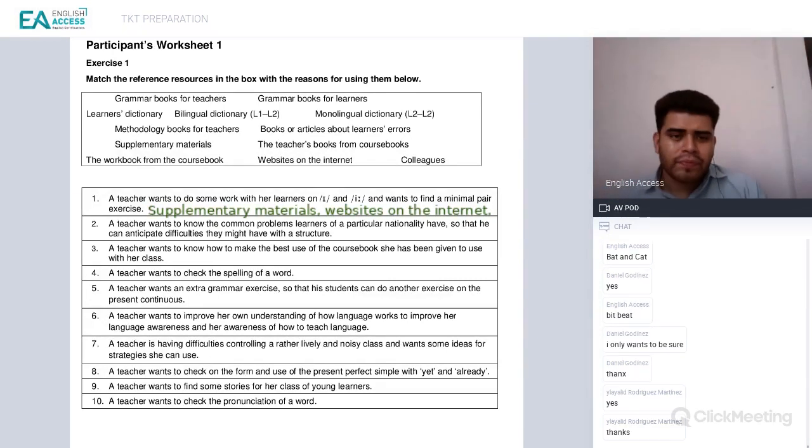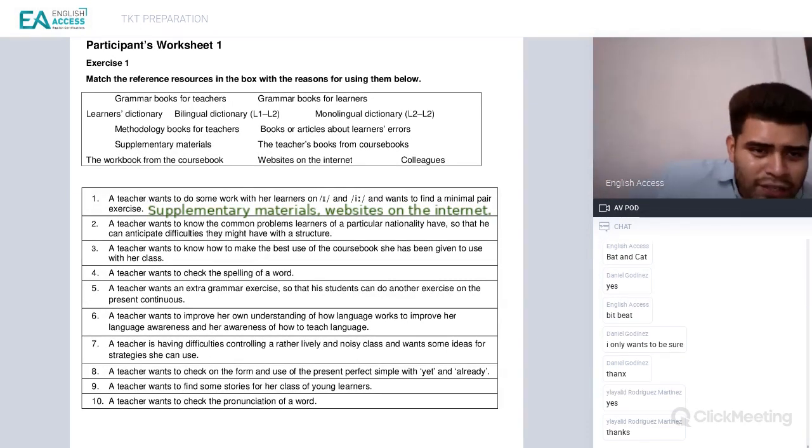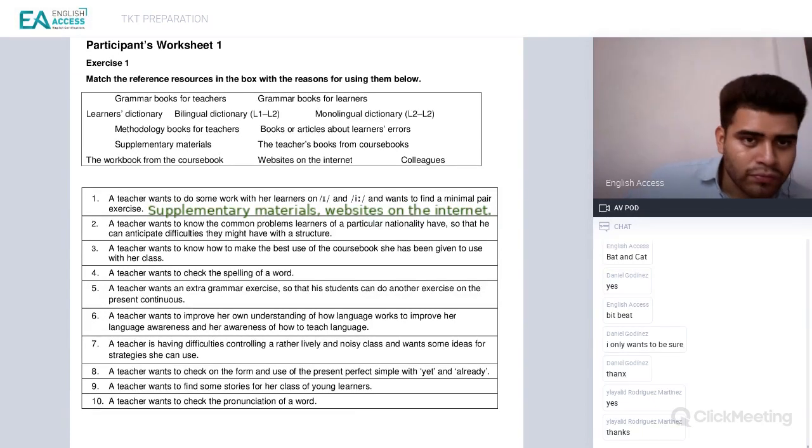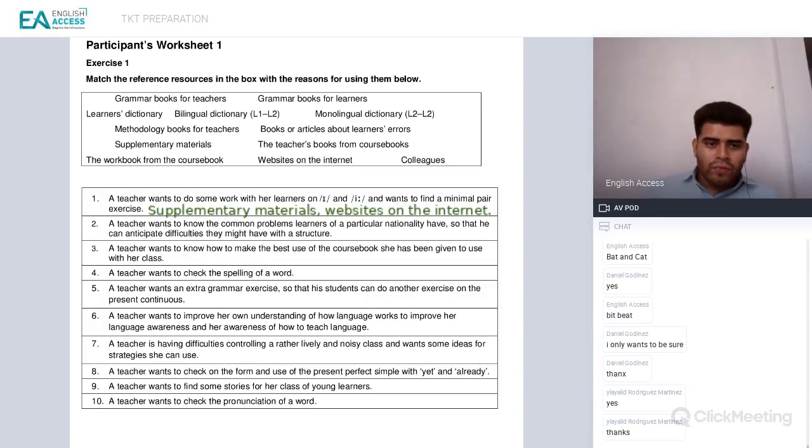All right, cool. Number 2, a teacher wants to know the common problems learners of a particular nationality have so that he can anticipate difficulties they might have with the instruction. What do you think is number 2?